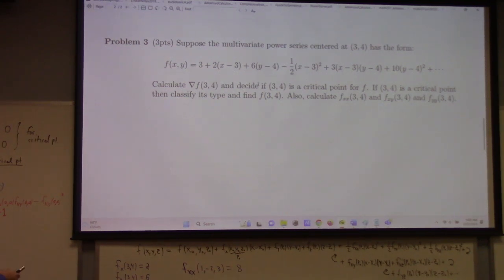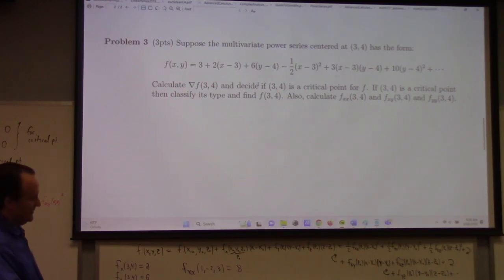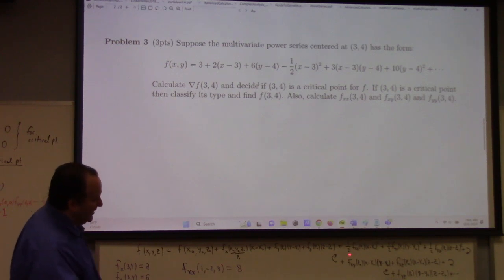Now, we can calculate the second partial derivatives at 3, 4. Looking at this, what do we have? It's the same formula for two variables. So it's like 1/2 for the double derivative, but there's no 1/2 for the not double derivatives.